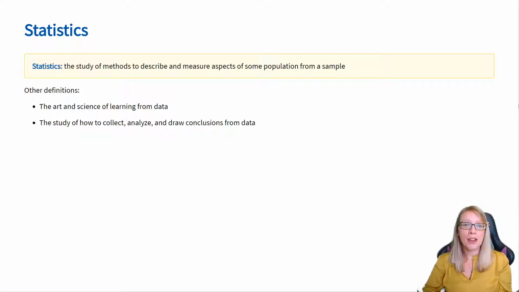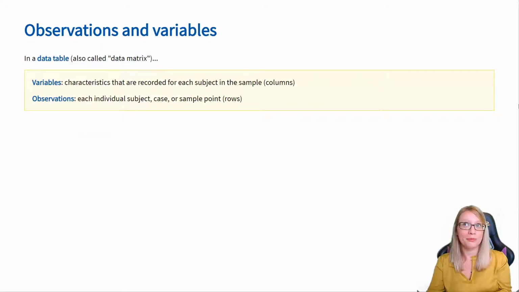A lot of people think of statistics as just being that step at the end where you run some analysis, you get some number, that number tells you what decision to make, but really statistics should be involved in the entire scientific process, starting with data collection, which we'll talk about in this section.